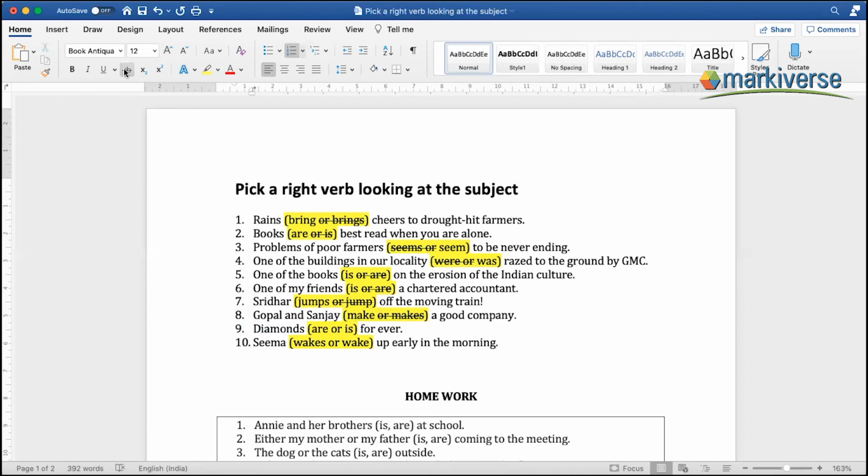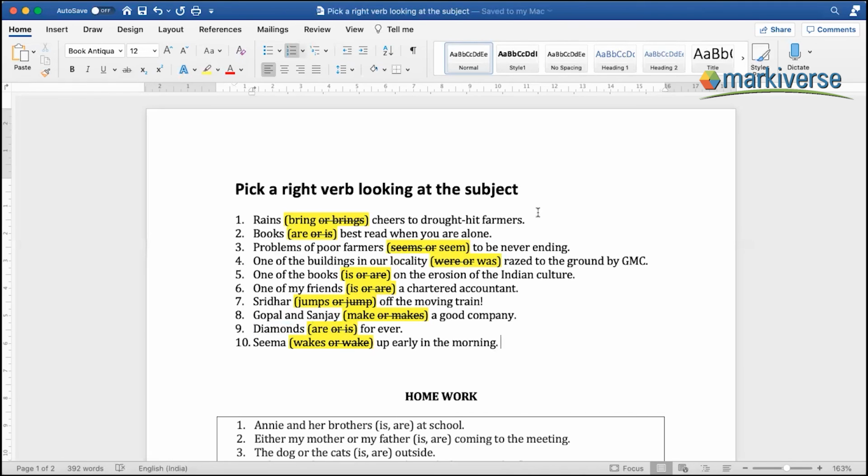I hope we all love diamonds. So diamonds are forever. I'm going to knock off is. Why use are? Because the subject is diamonds, we're talking about more than one. Then Seema is one person. We're talking only about Seema. I should use the singular verb, which is wakes and not wake. So I'm going to knock this off. Seema wakes up early in the morning.